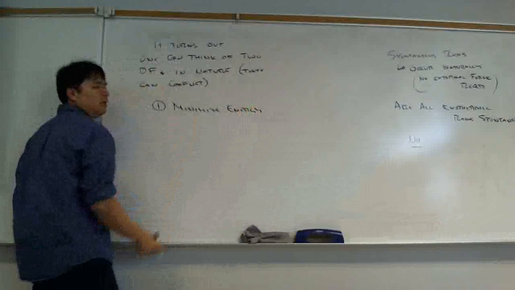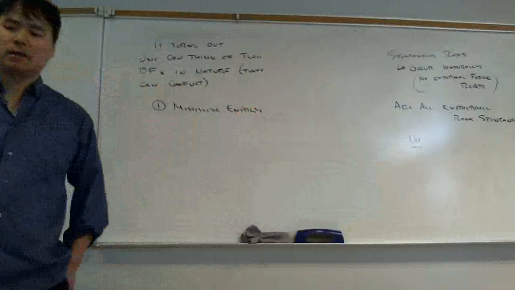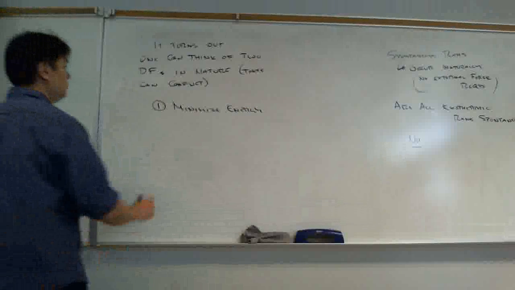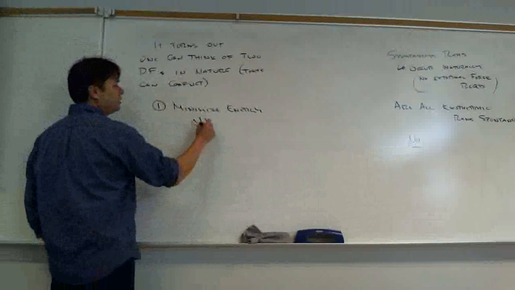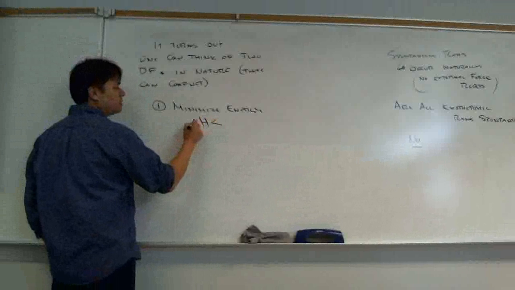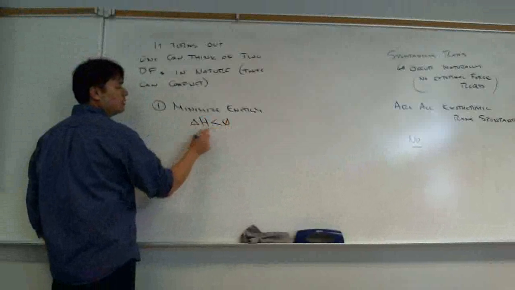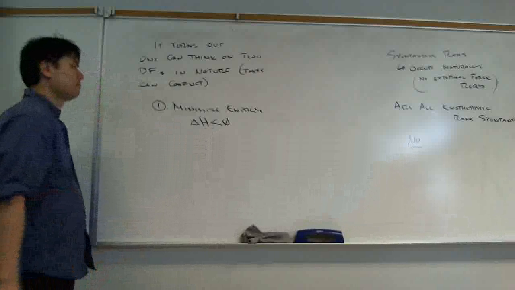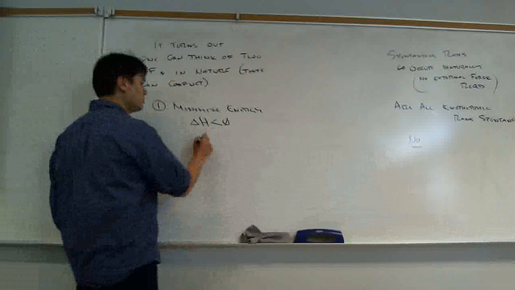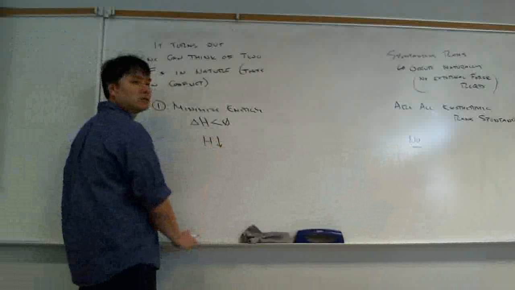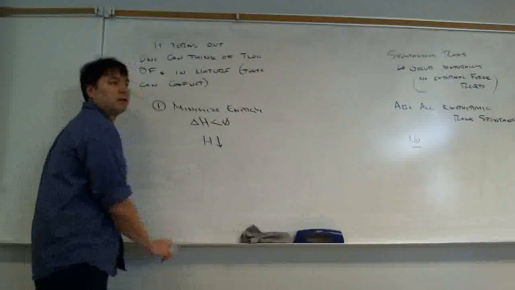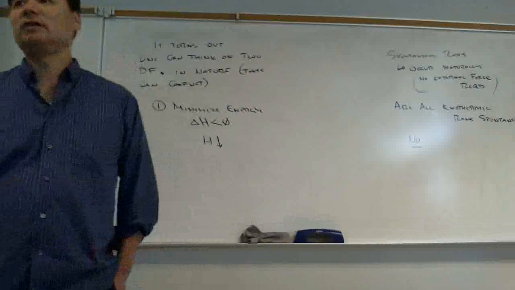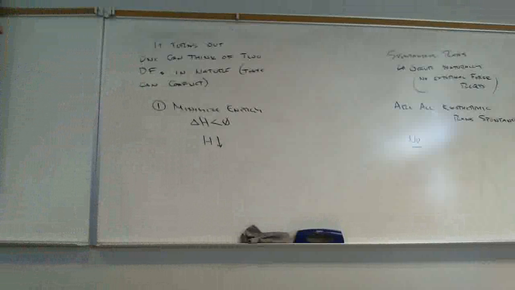And so energy could be delta H. If we minimize delta H, we want it to go down in energy, so it should be exothermic. So delta H less than 0. That's good. Minimize energy. In other words, we want the energy to decrease. We have delta H, but we also have U. Do you remember delta U?